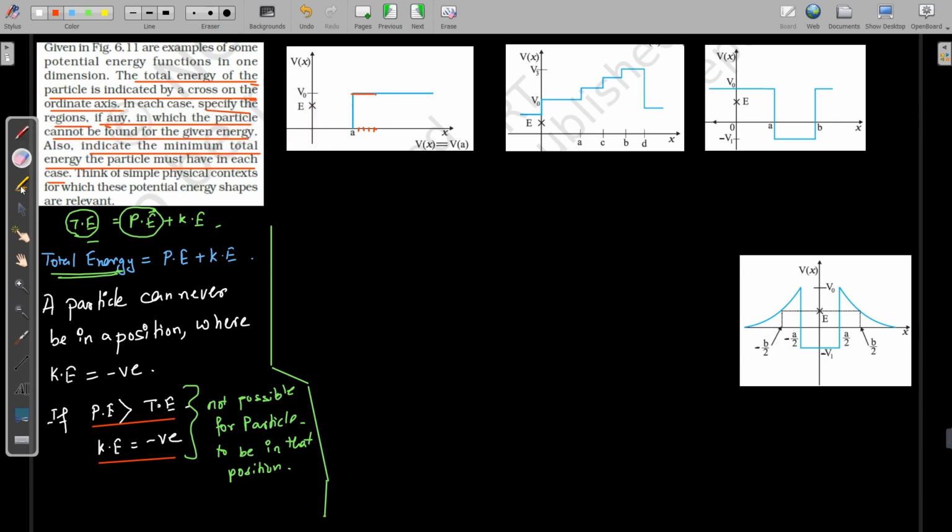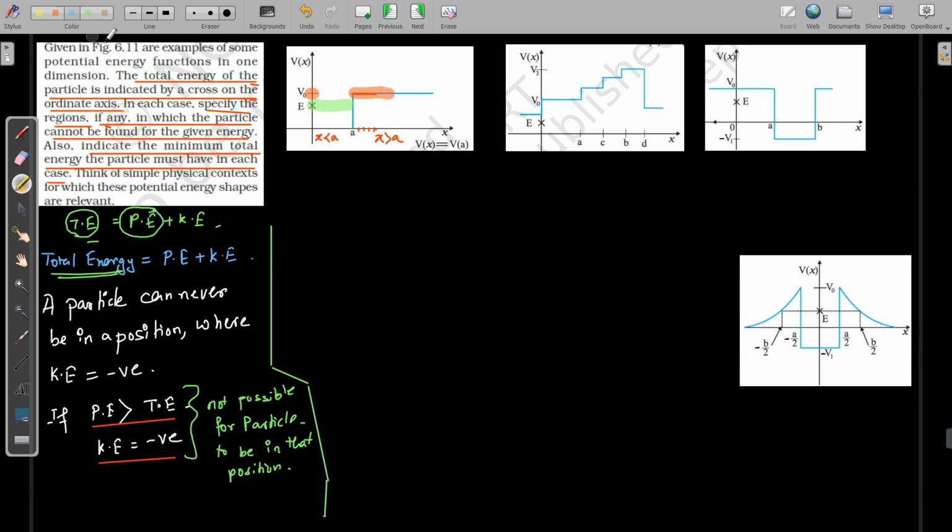So the moment it crosses this portion, here x is less than A, and at this portion x is greater than A. So when the position of the particle is more than A, we can see potential energy has become greater than total energy. Can you see the potential energy mark V naught is greater than total energy?